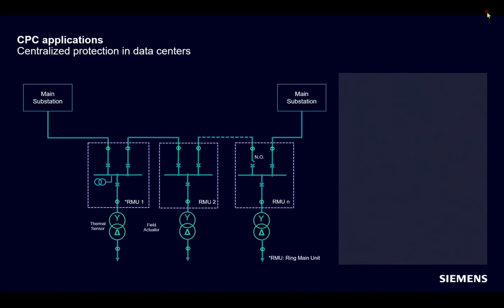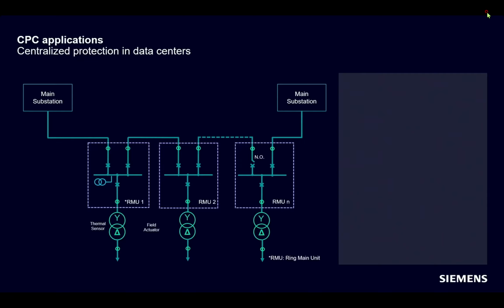As data center substations are increasing nowadays, the CPC is a perfect solution for this application. Here you can see a standard configuration based on rings called RMUs. Each RMU contains input and output bays, additionally one transformer bay.